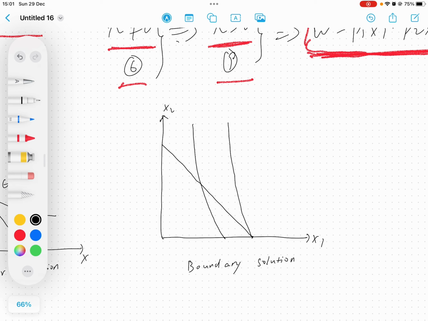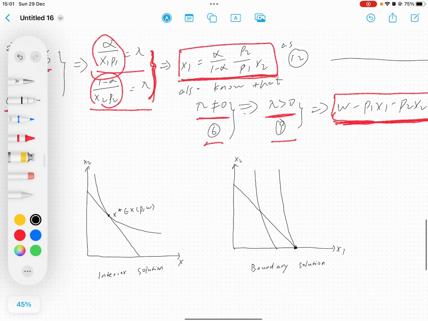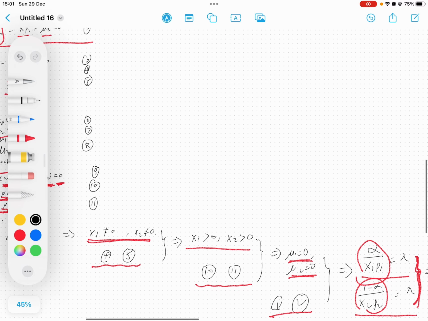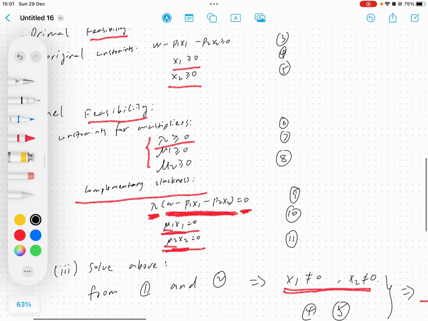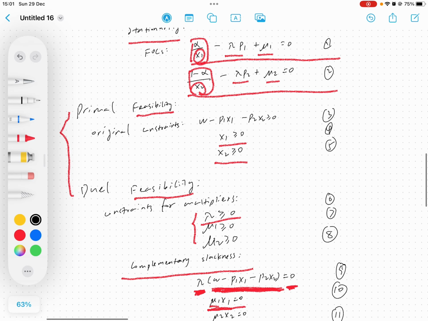At this point, this is the intersection of this utility function and this budget constraint. So in this case, we can see that the value of x2 would be 0, right? So x2 will be 0.